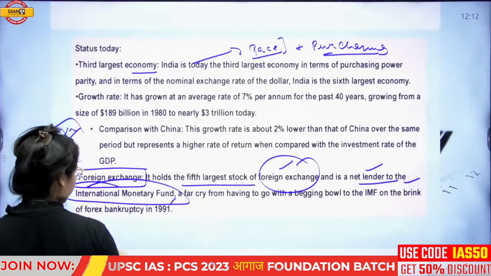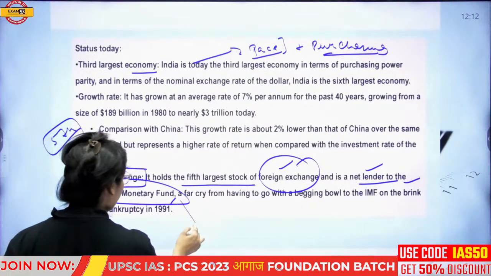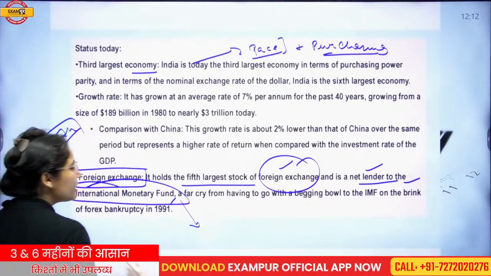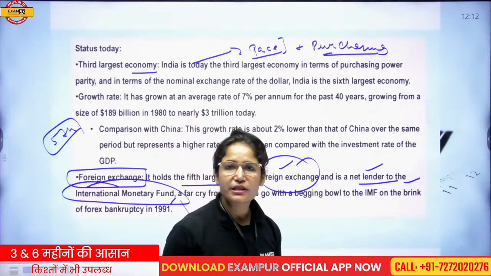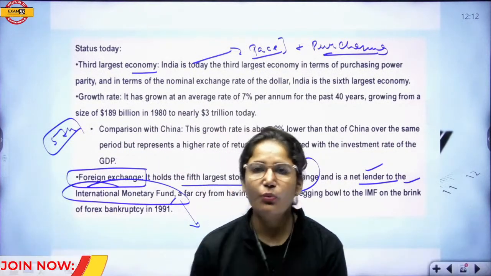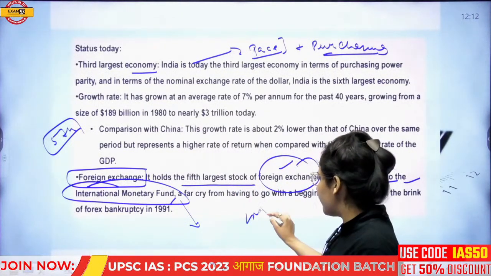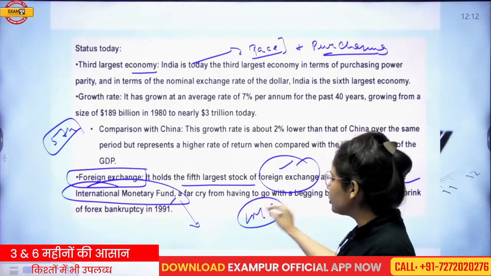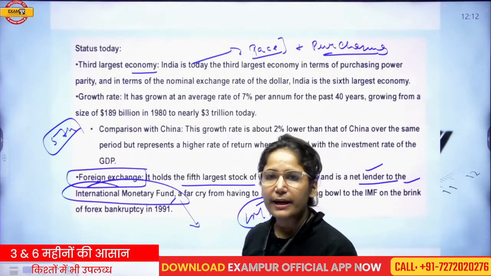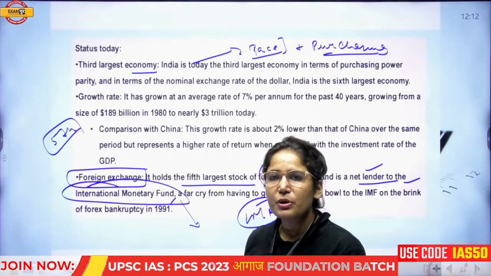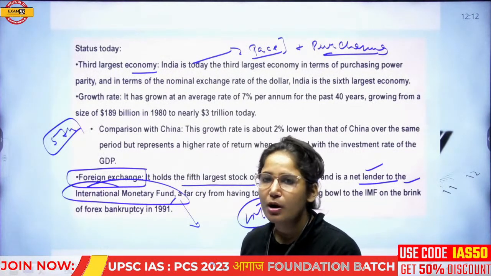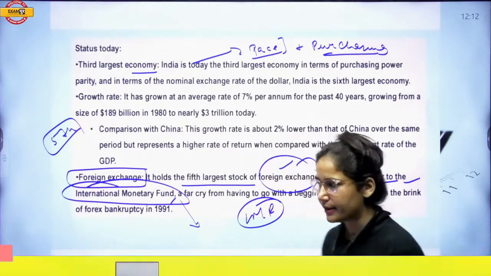IMF, most of the time, means majority of the time, performs the job just to allocate the resources to the countries which have access. Getting my point? IMF performs in the way like International Monetary Fund deals with the problem related to the monetary affairs.